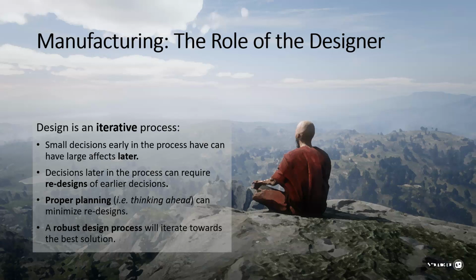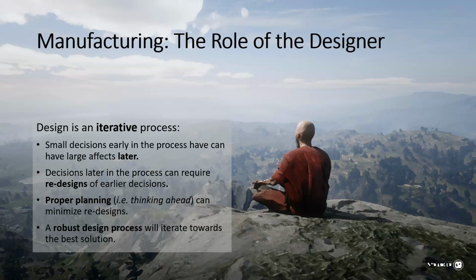And finally, a robust design process will always iterate towards the best solution. That's why a robust design process essentially means that we want these iterative feedback loops. This iterative nature of it is actually good, in the same way that we produce better designs the more people that are involved in the design.